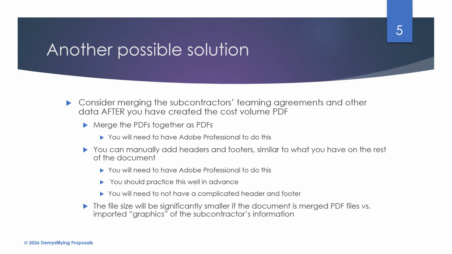Again, you'll need Adobe Professional to do this, and if you don't know how to do it, you should practice it well in advance. But this way, you can combine the PDFs as PDFs, and the file size will be significantly smaller than if you import the subcontractor's information as graphics.